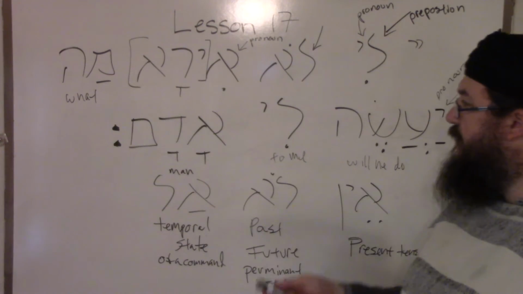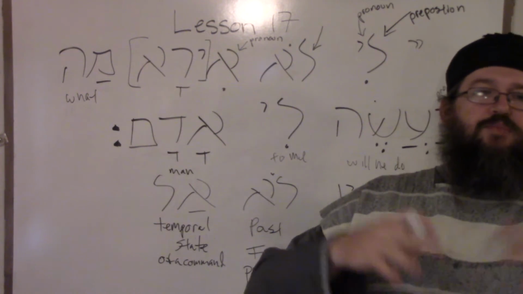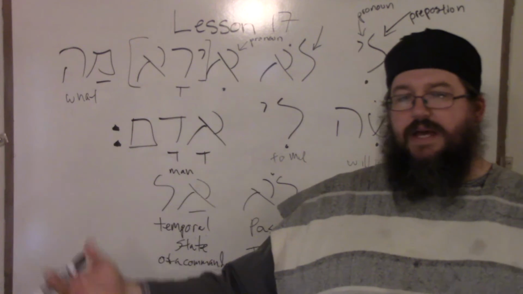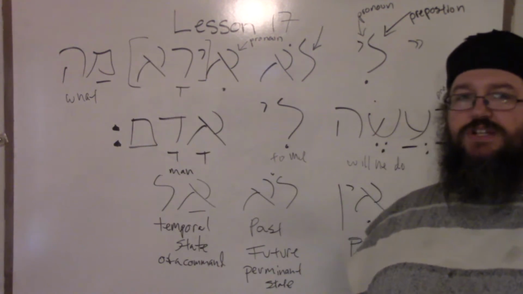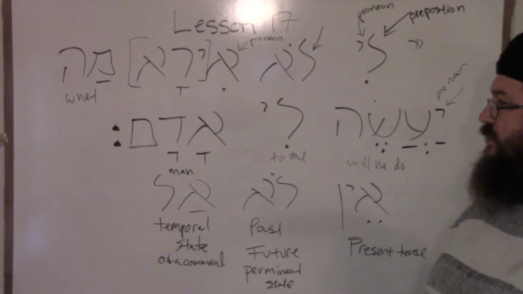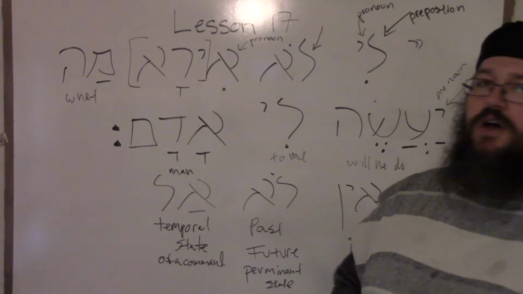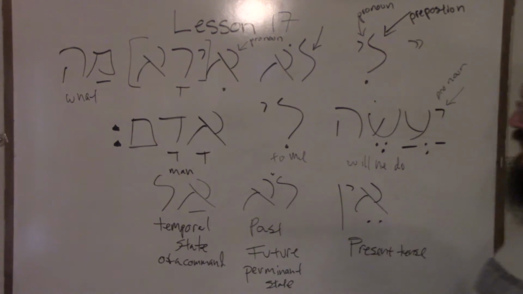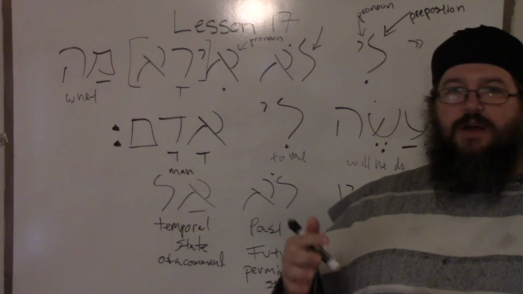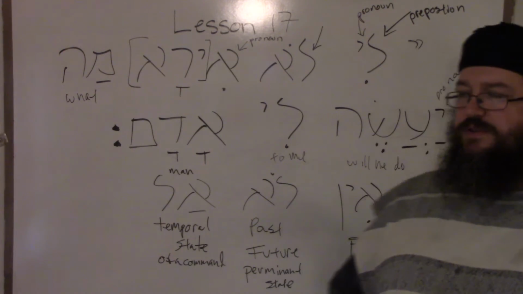So Adam is referring to just people as a whole, any person. It could be any nationality, any age whatsoever. That's what we find when we're looking at the word Adam, versus Ish. Ish would refer to man as being a male human adult.